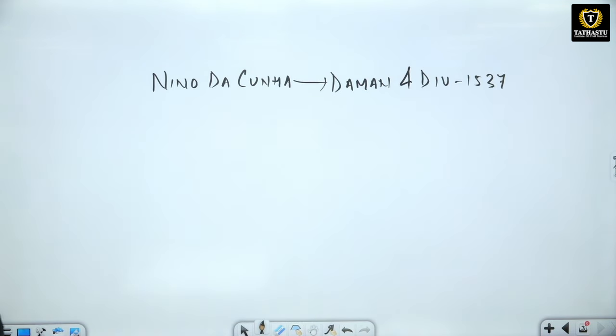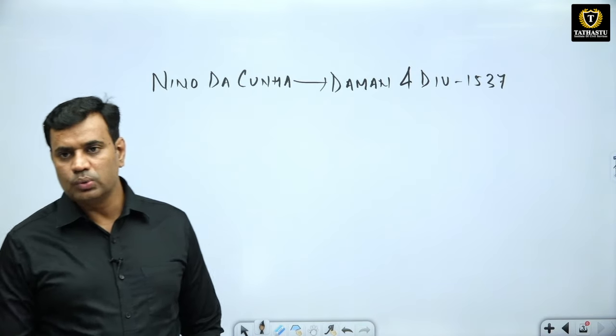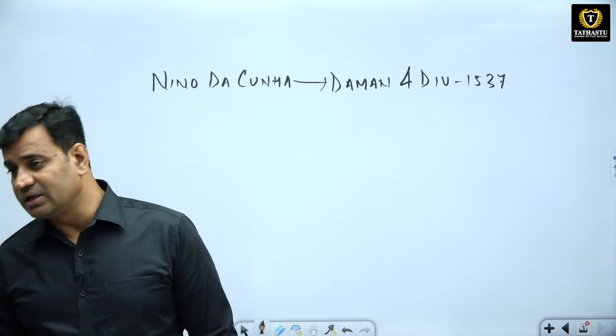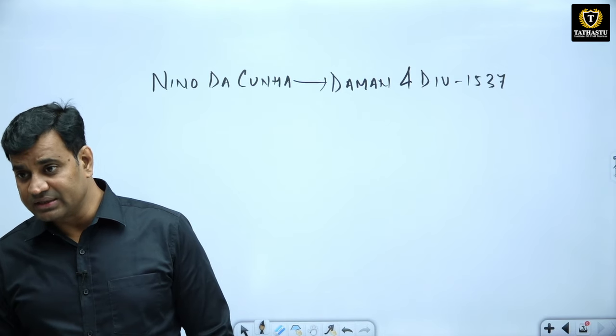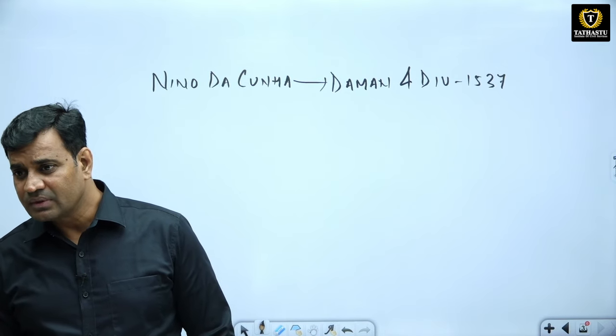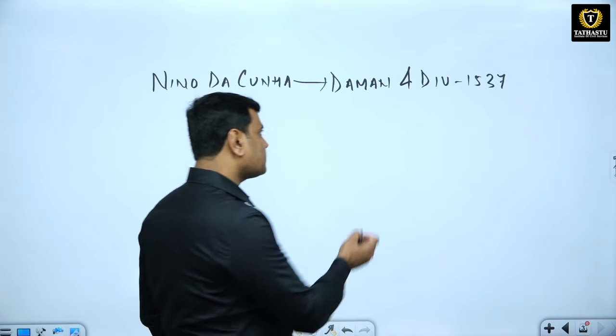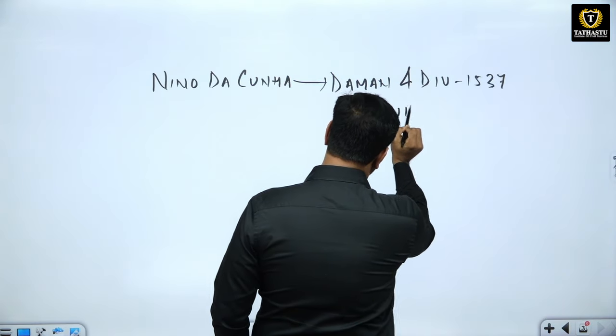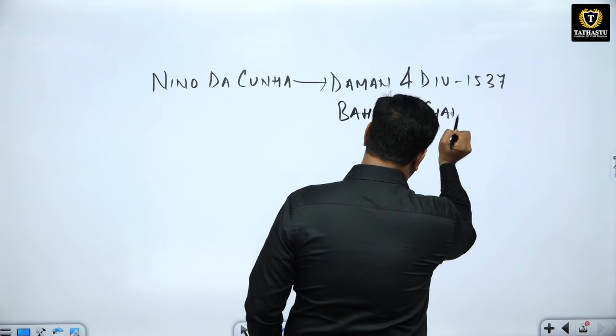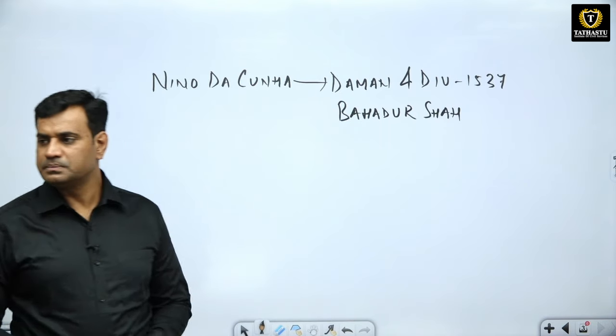In 1537, last year only, there was a question in prelims. Daman and Diu in 1537 were taken from the ruler of Gujarat, Bahadur Shah. This was the question.